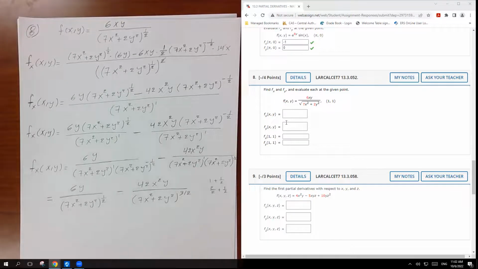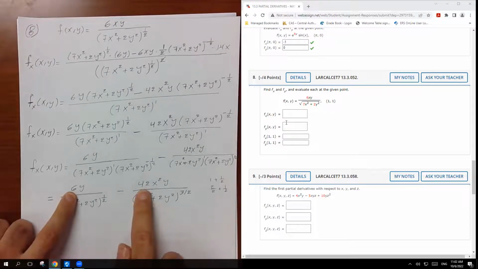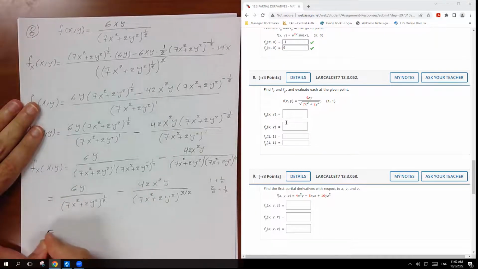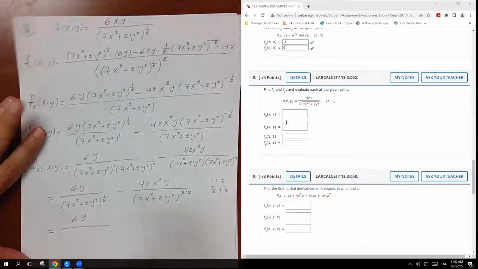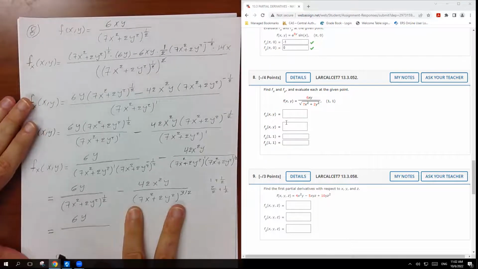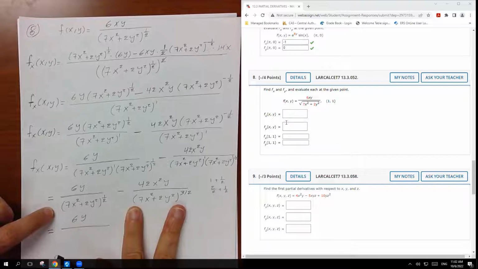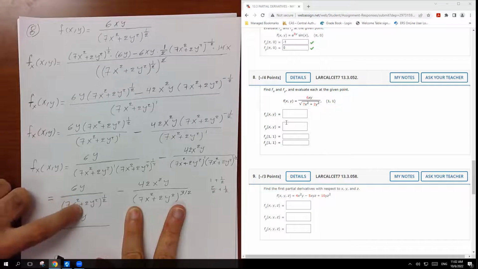Let's check what I'm going to do next. I can factor out 6y from the top, and from the bottom I can factor out this, because what's left on this side is 1. That means 7x squared plus 2y squared.